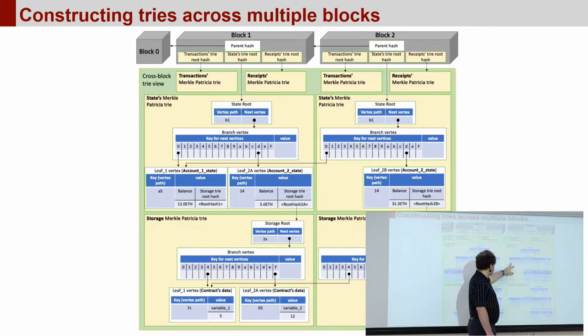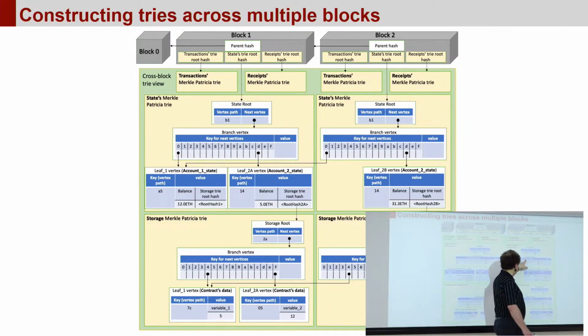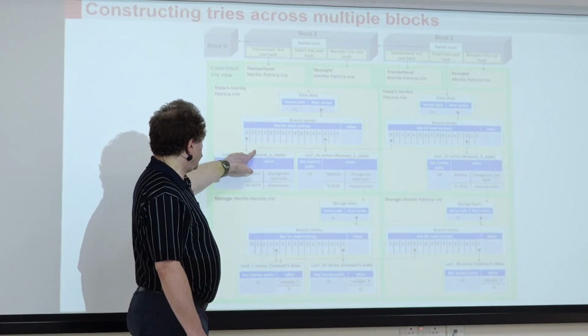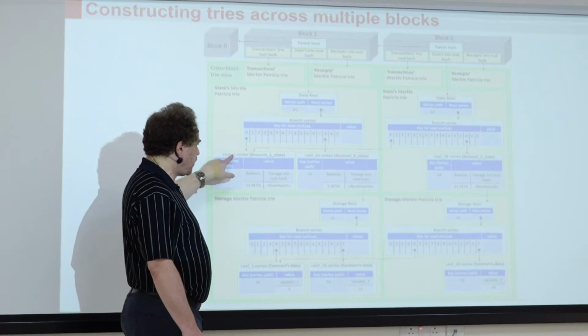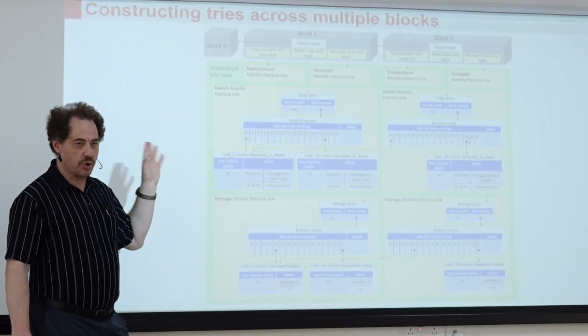In this example, you can see that there is a pointer from the vertex in the Merkle tree of the new block, which points to the vertex in the old block. So you can see two pointers point to the same vertex. This vertex has not been updated between the blocks.